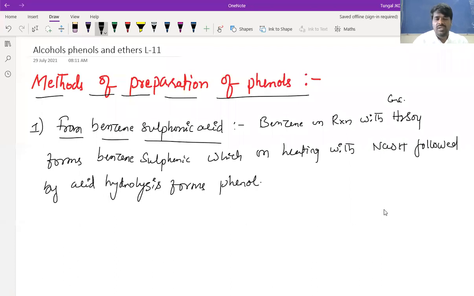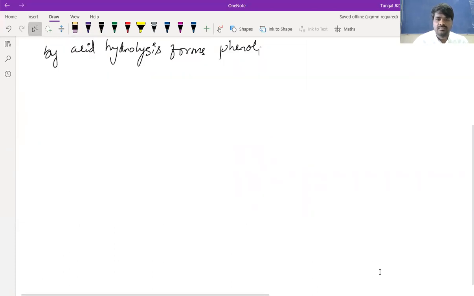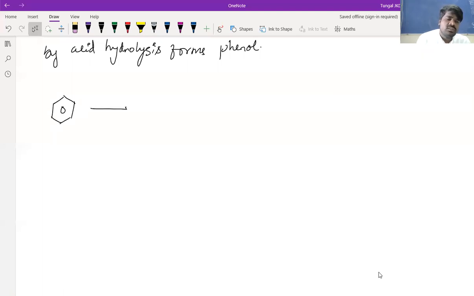So basically, this is your benzene. Benzene on sulfonation, when you treat it with concentrated H2SO4 at a temperature of 353 Kelvin, undergoes sulfonation and forms benzene sulfonic acid.